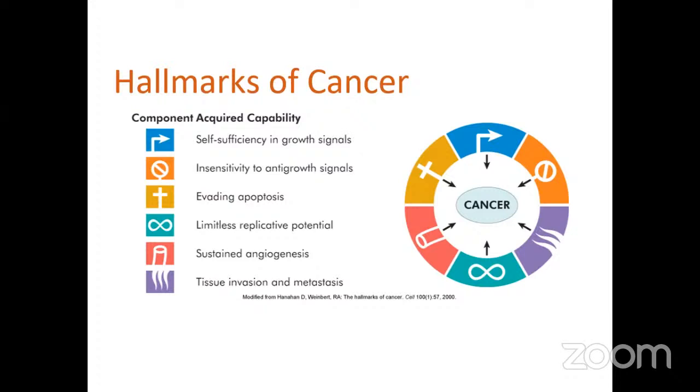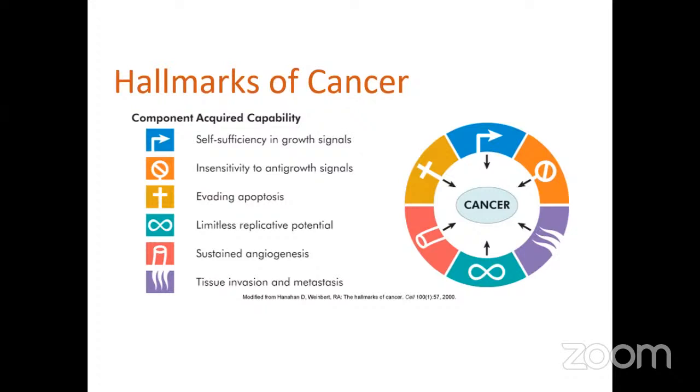The third is evading apoptosis. So what is apoptosis? It is programmed cell death. All our body cells, whenever they are damaged or injured, or in normal turnover after some time, will die. That process is called programmed cell death. It is a normal process, which always keeps a check to prevent cancerous cells.